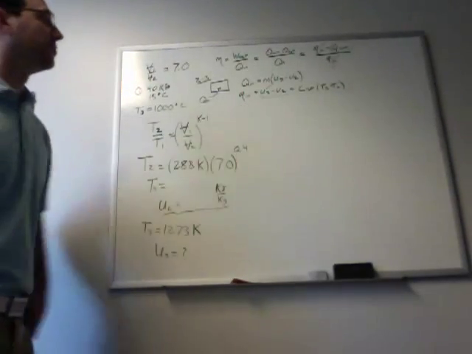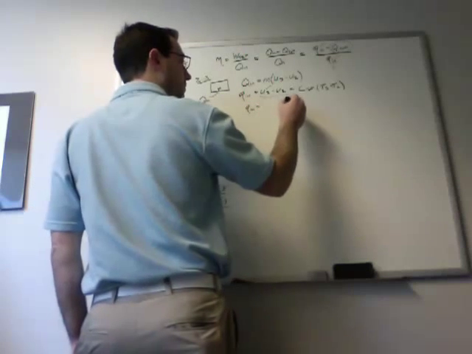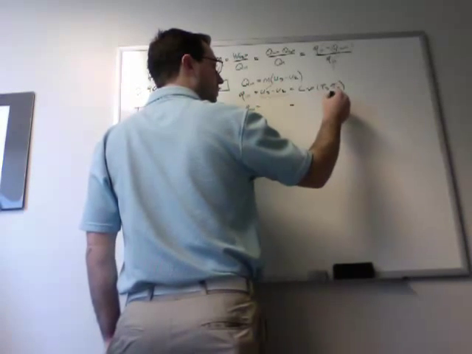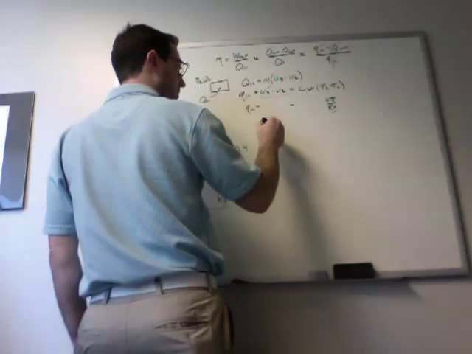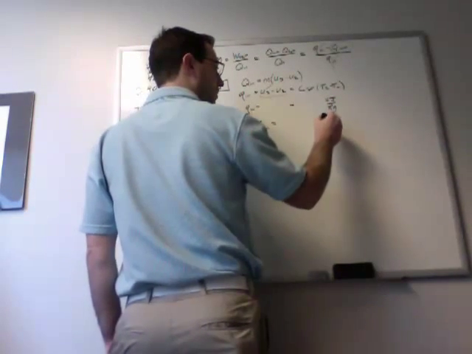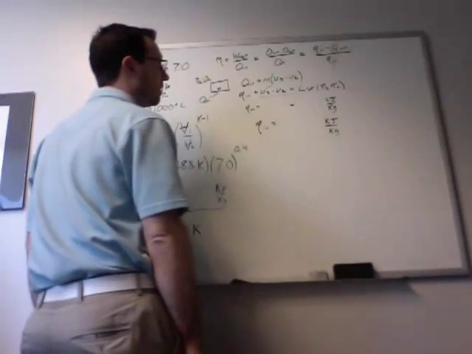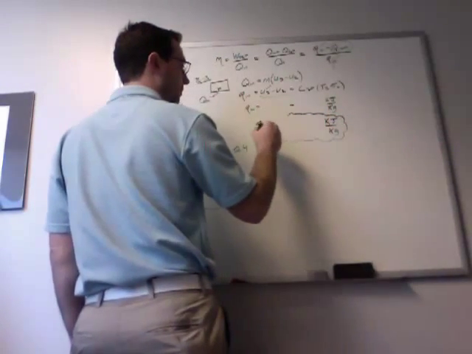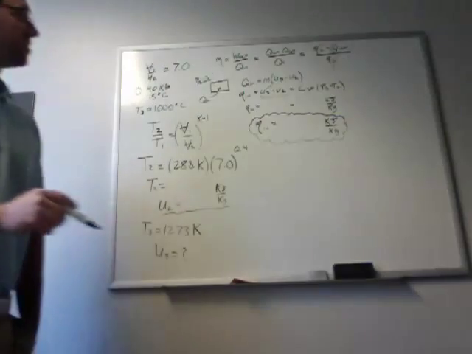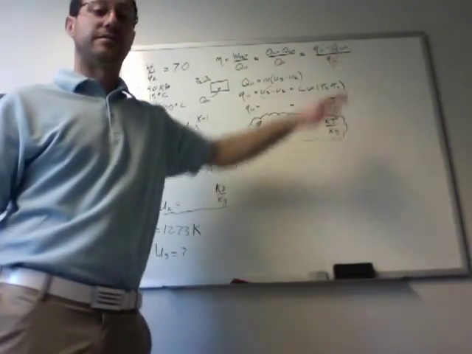That's going to get us Qa, some number kilojoules per kilogram. We'll do this calculation in a second. If we keep going forward, we see we need Q out.